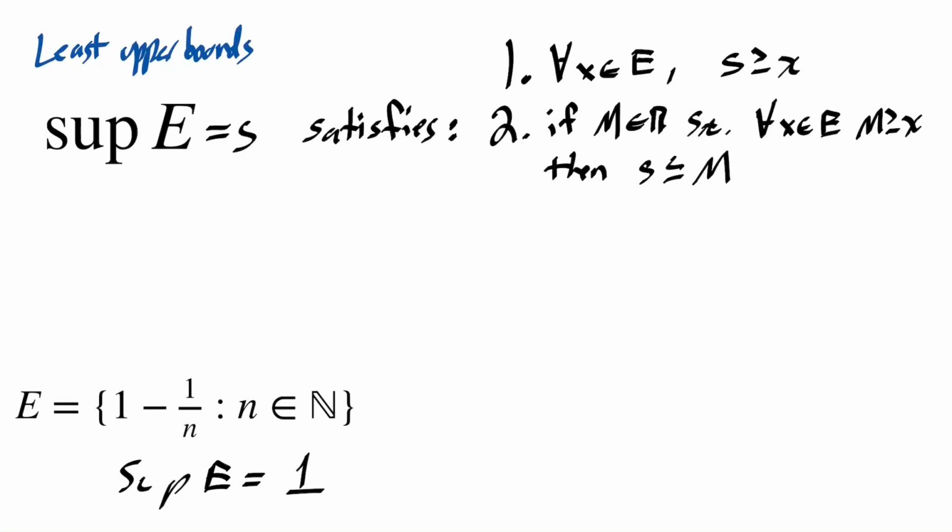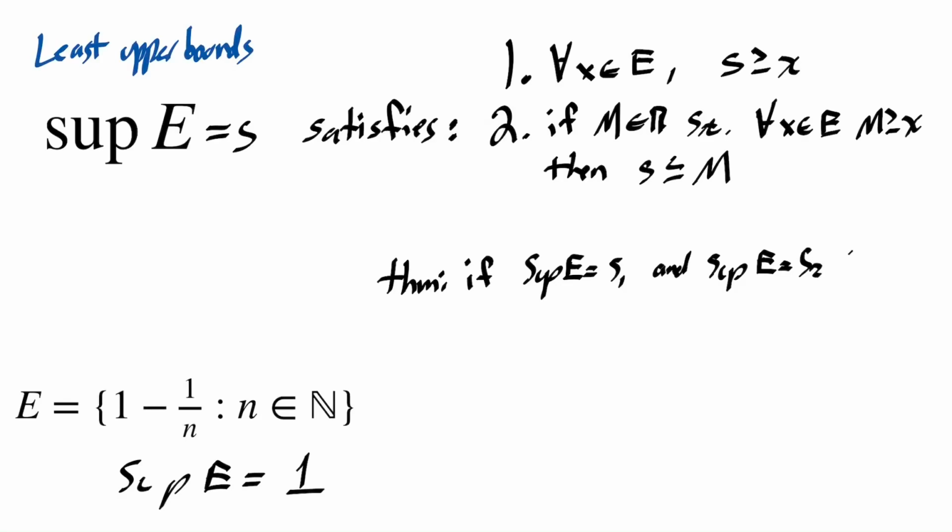I'll just walk you through the proof verbally. So the first theorem says if the sup of some set equals S1 and the sup is also equal to S2, then S1 equals S2.